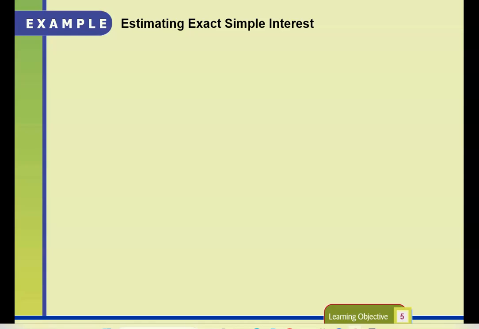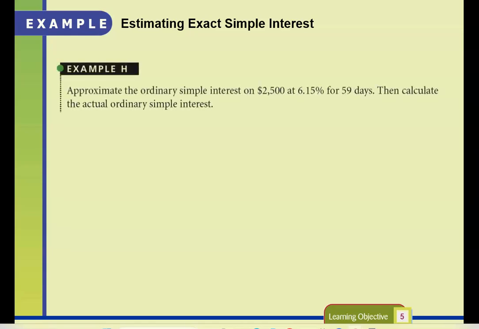Okay. Another thing that you'll be doing this week is estimating exact simple interest. There's actually a table for this, but let's say that we want to approximate the ordinary interest on $2,500 at 6.15% for 59 days.